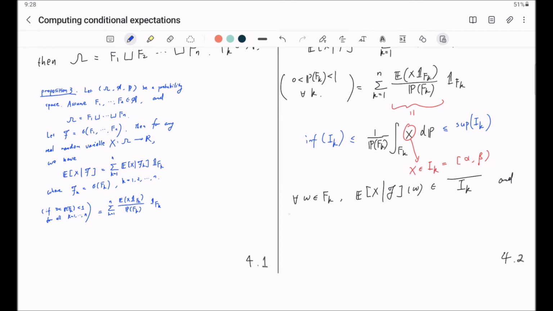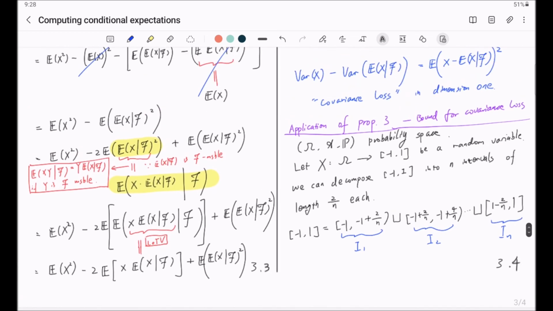And in particular, if you look at the difference between X of omega and E of X given F of omega, this difference will be bounded by the length of this interval, which is 2 over n, because beta must be equal to alpha plus 2 over n by our construction.